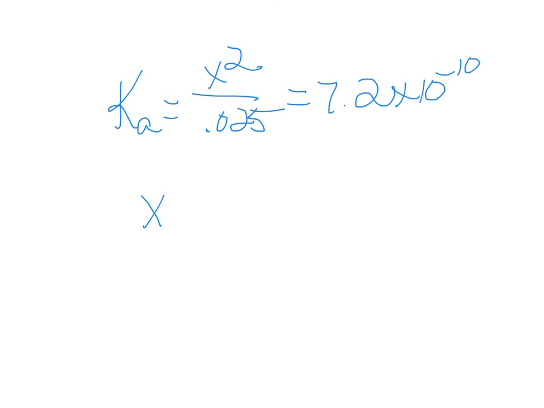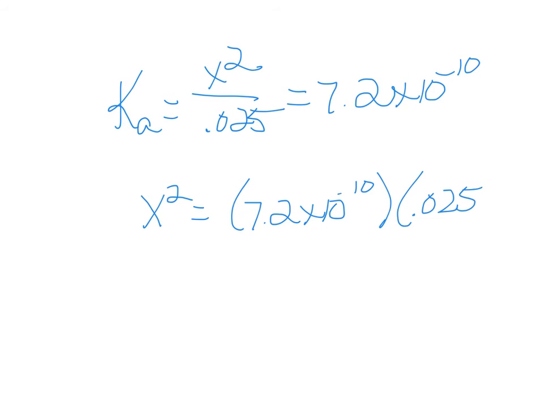All right, so x squared equals 7.2 times 10 to the minus 10 times 0.025. And x squared, if you multiply that out, it is teeny tiny. 1.8 times 10, I gotta count zeros again, times 10 to the minus 11.